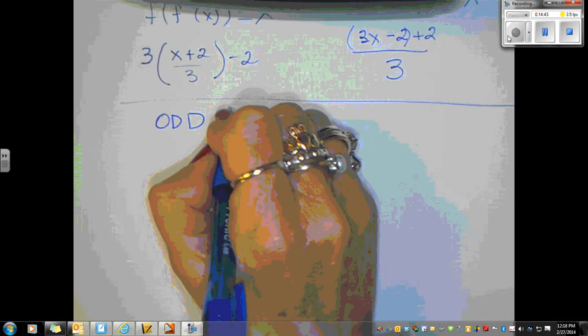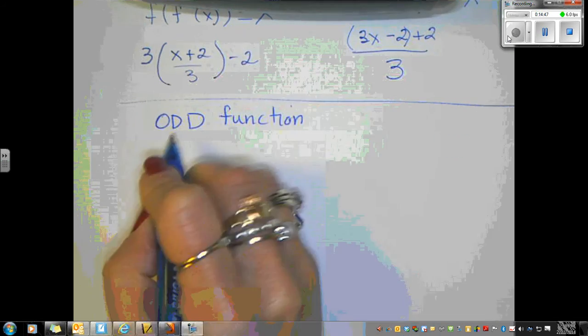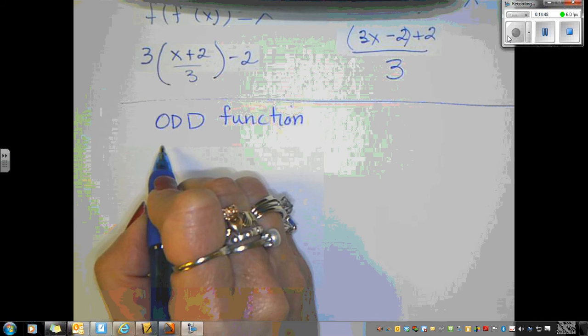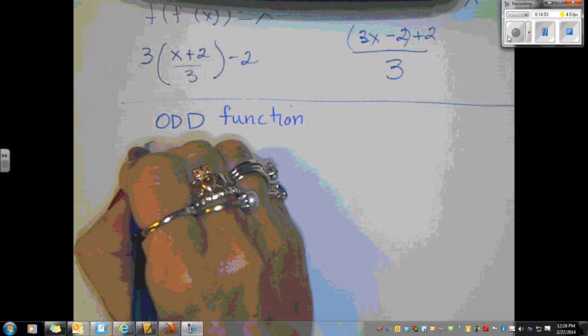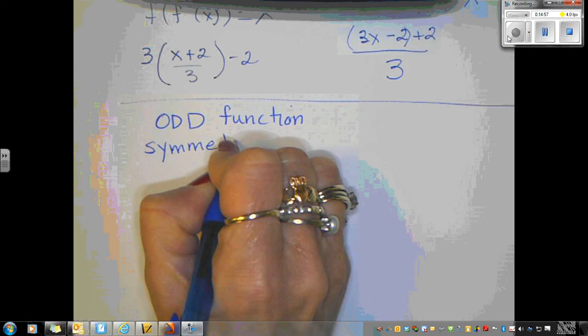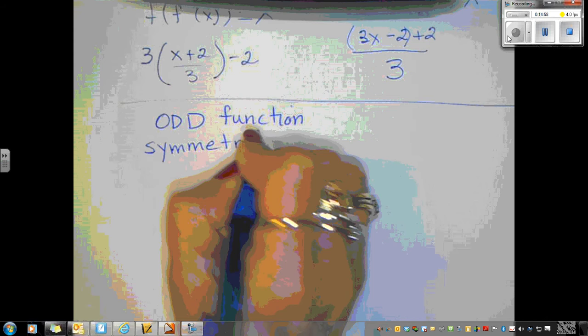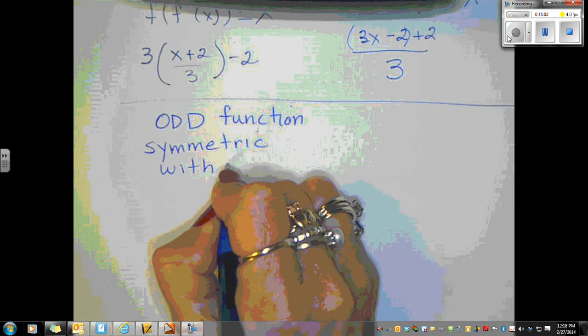Odd function. Talk to me about odd functions. What are odd functions? They're odd? Yeah, okay. Symmetric with what? With the origin.